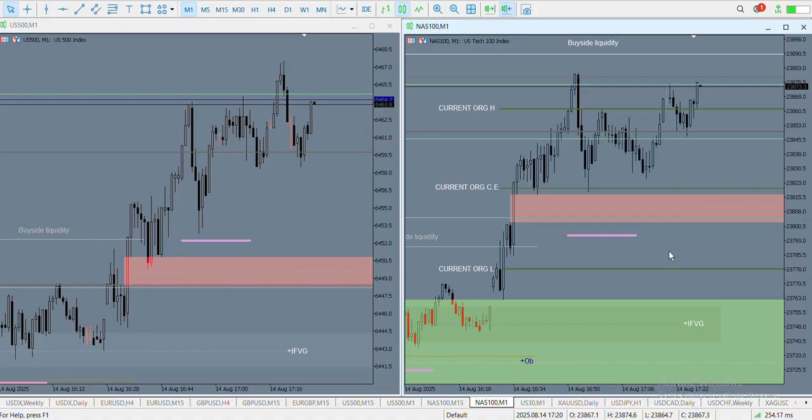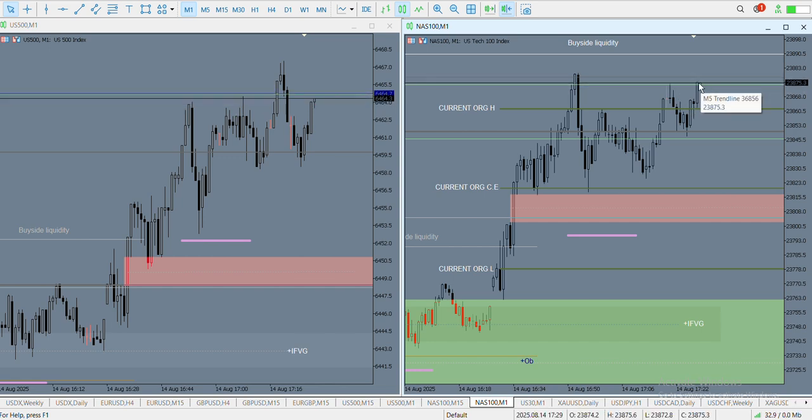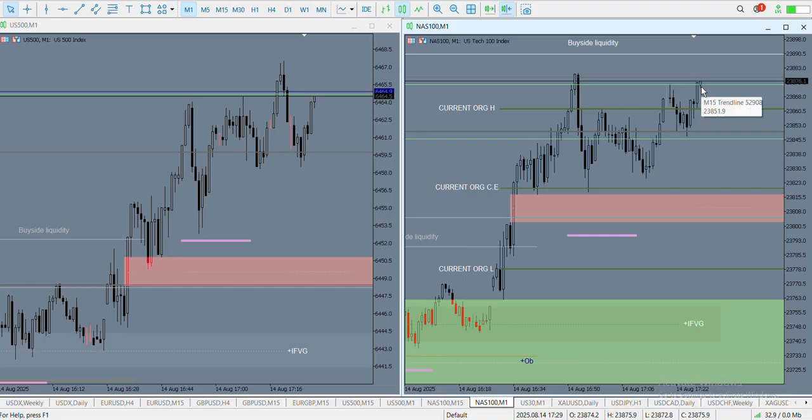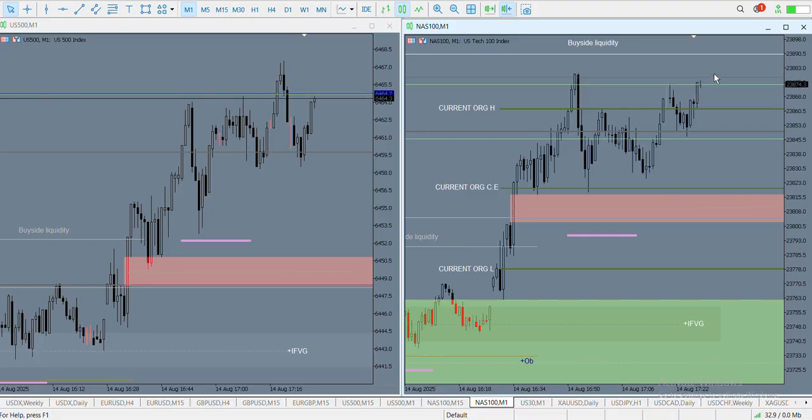So we're almost there. Look at how we are trading on the opening price. That is the New York session's opening price, right there. They're adding some more, and then we'll get 23,890s.